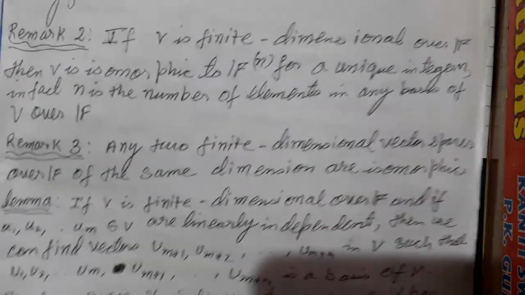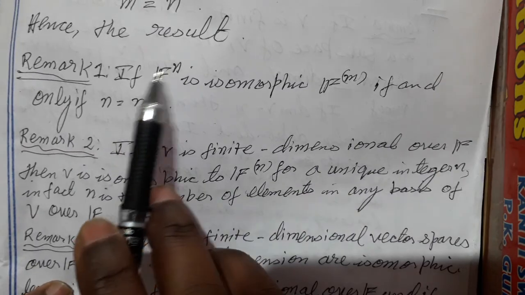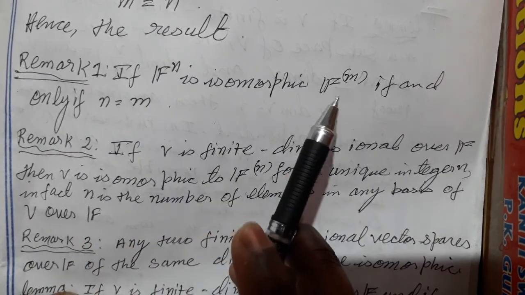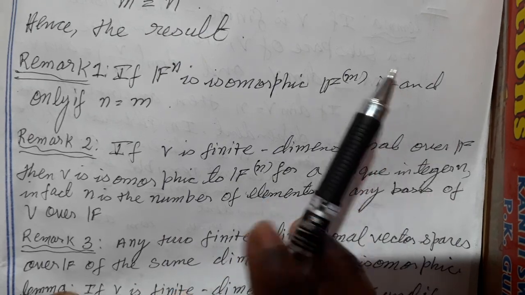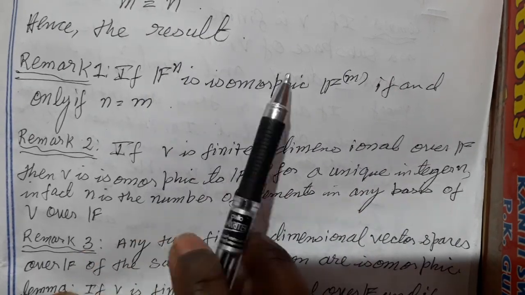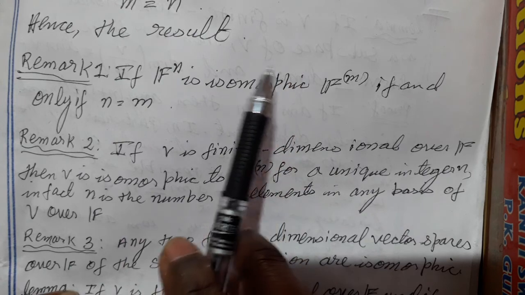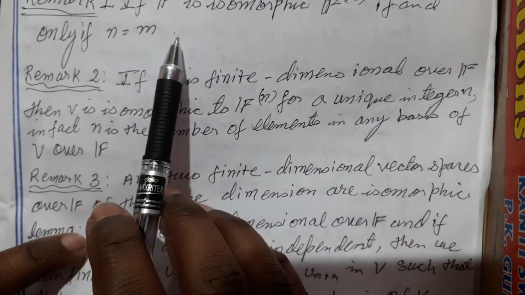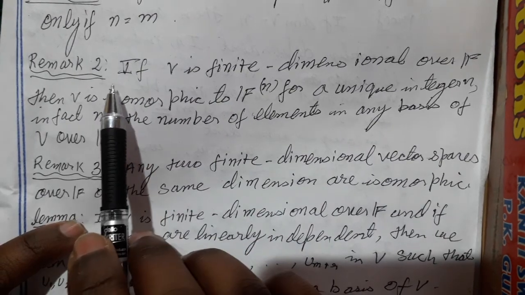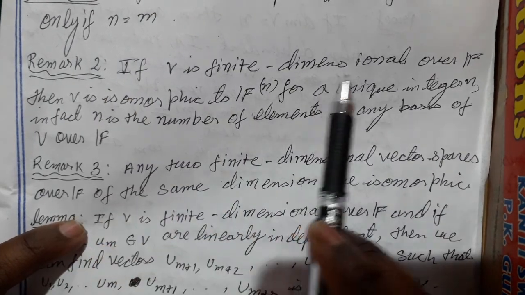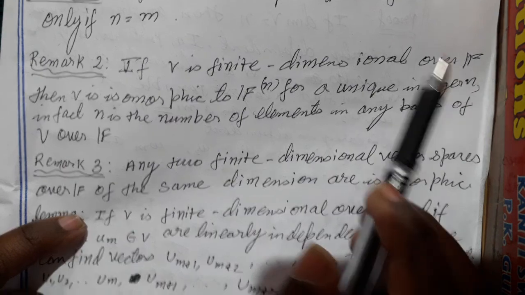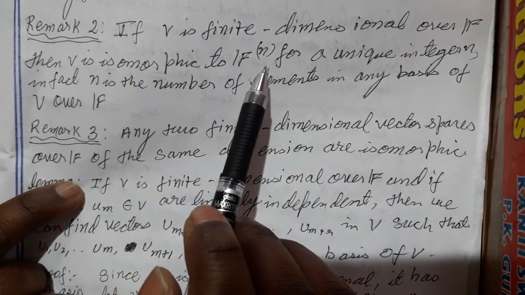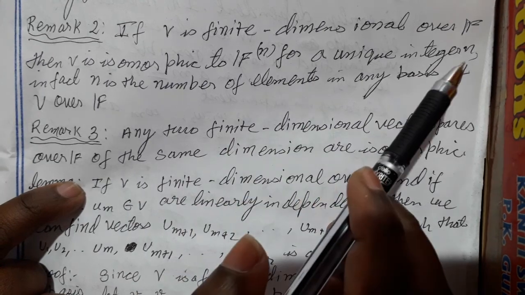Now we have written some remarks here. Remark 1 is that F^n is isomorphic to F^m if and only if n is equal to m. And remark 2 says that if V is a finite dimensional vector space over the field F, then V is isomorphic to F^n for a unique integer n.